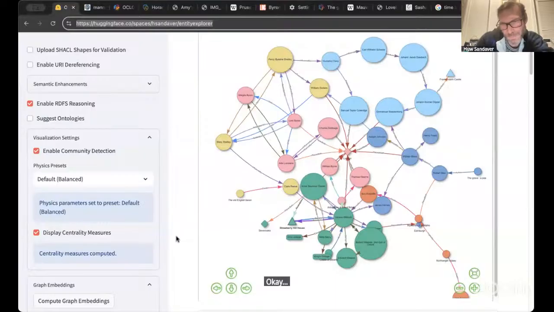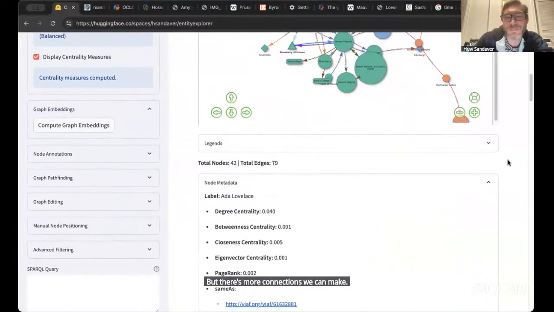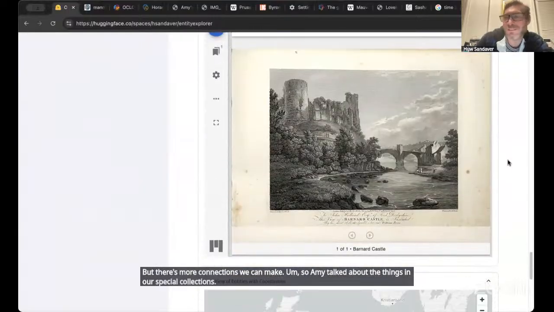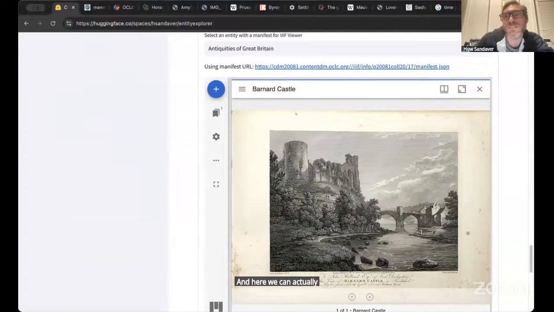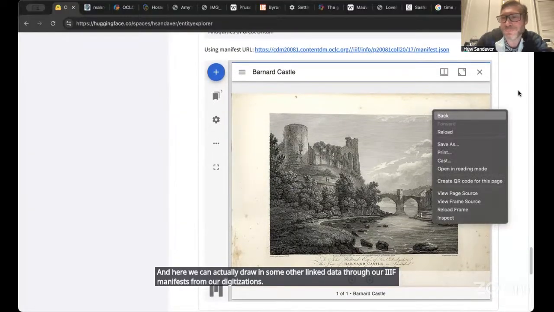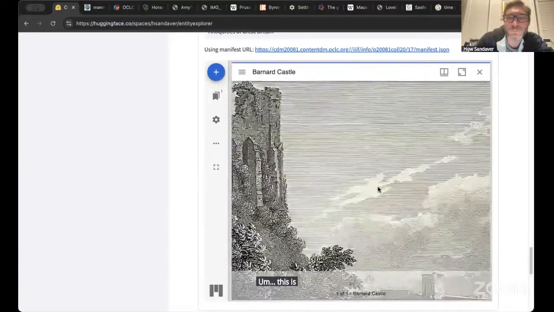So we've got our map, and that's great. But there's more connections we can make. So Amy talked about the things in our special collections, and here we can actually draw in some other linked data through our IIIF manifests from our digitizations. This is pretty cool.